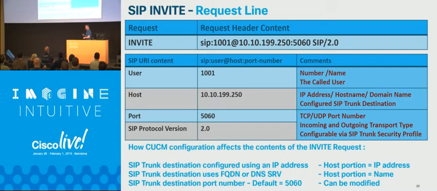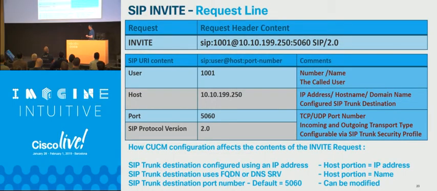So by default, the port number that you're using for TCP or UDP will be 5060. You can modify that, and typically what you'll see is that for UDP and TCP transport, it'll be 5060 as the destination port, but for TLS, you're typically using 5061, but there's no reason why you couldn't change that if you wanted to.